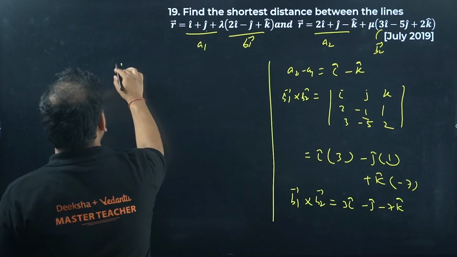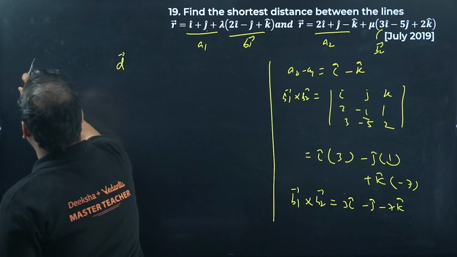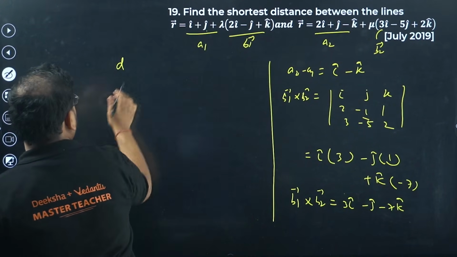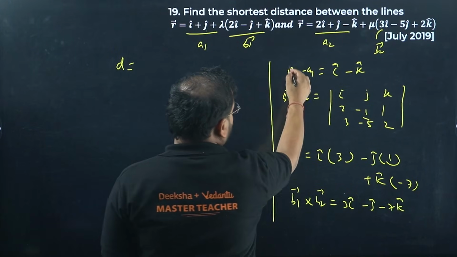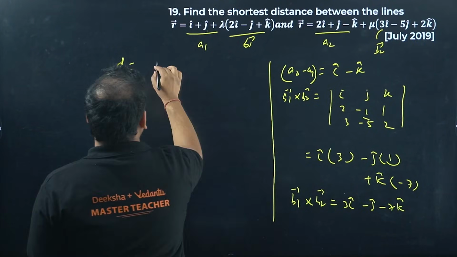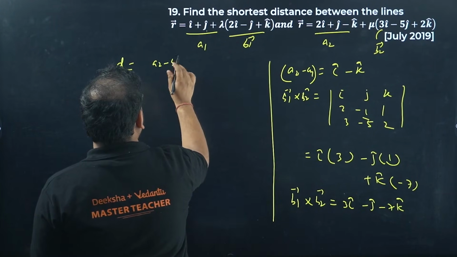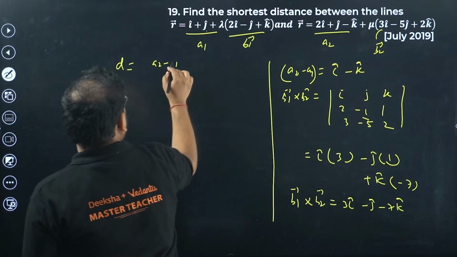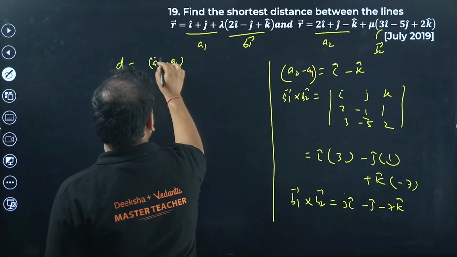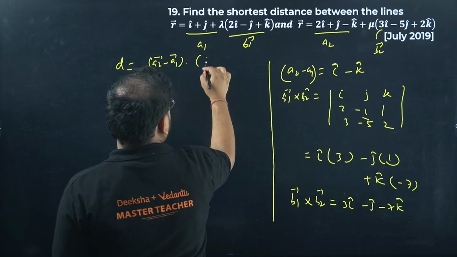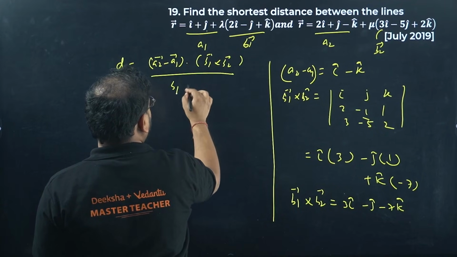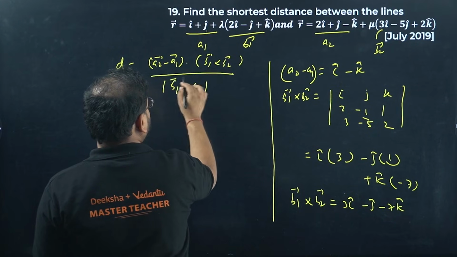Now this is given as d equals, not d vector, d modulus. It's going to be a length, no? So d will be equal to the dot of these two: a2 minus a1 dotted with b1 cross b2, divided by the modulus of b1 cross b2.